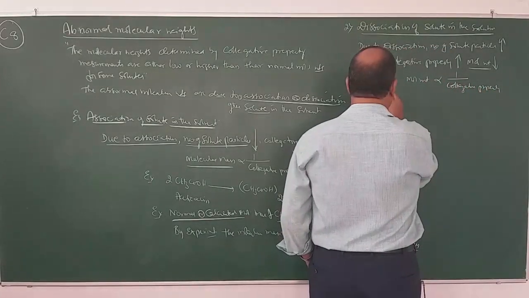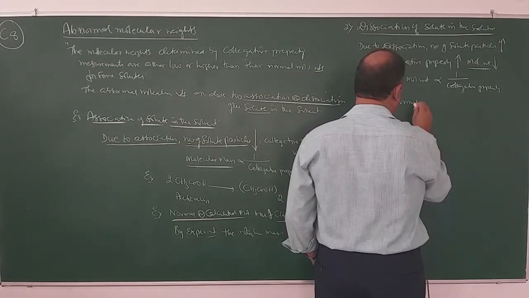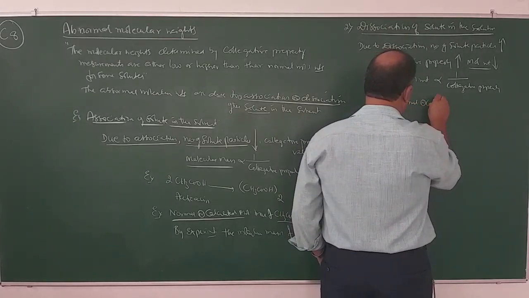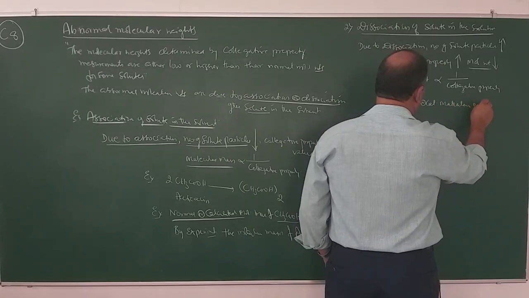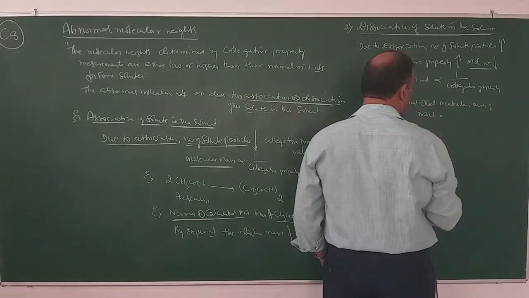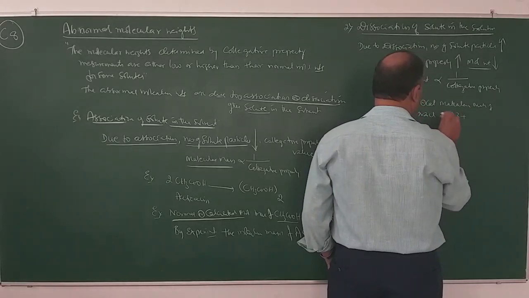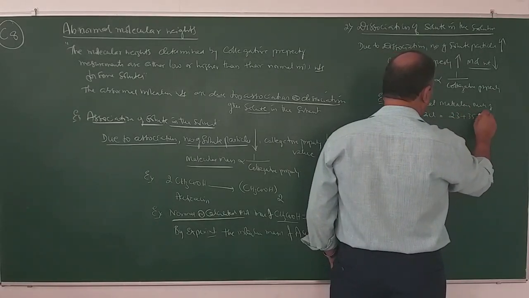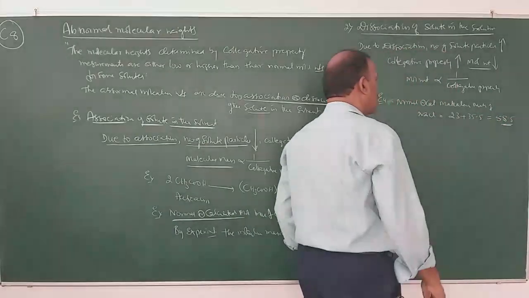For example, the normal or calculated molecular mass of sodium chloride is equal to how much? The atomic weight of sodium is 23 plus the atomic mass of chlorine is 35.5. This is equal to 58.5.